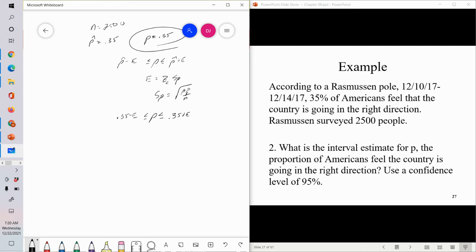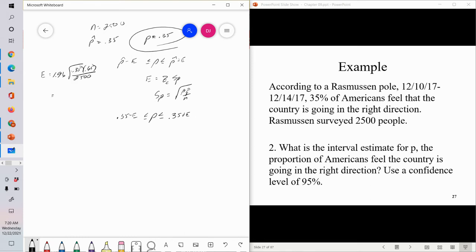So let's figure out the margin of error. Now, we want a level of confidence of 95%. Recall, therefore, that the z value is going to be 1.96 times the square root of p-hat q-hat. If p-hat is 0.35, q-hat is 0.65, and we divide that by n.